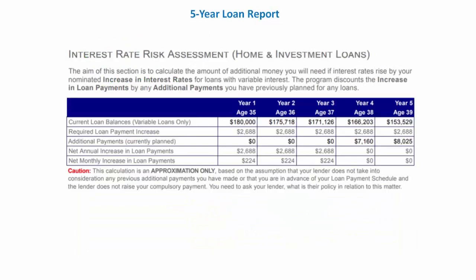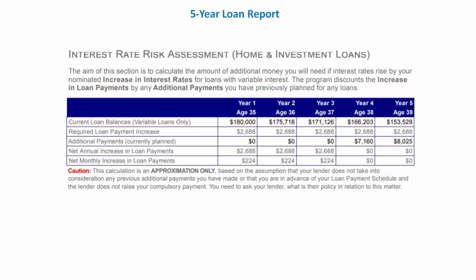The interest rate risk assessment is a concept developed by Financial Mappers. The assessment applies only to home and investment loans. The intention is to consider the effect of the nominated interest rate rise, which defaults to 2%, on all loans which have a variable interest rate in any of the first 5 years.